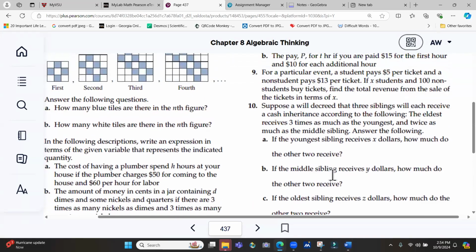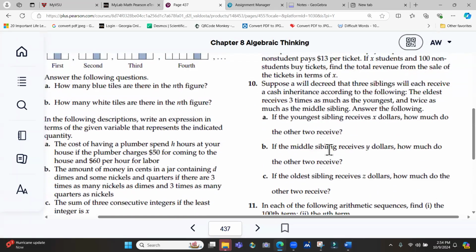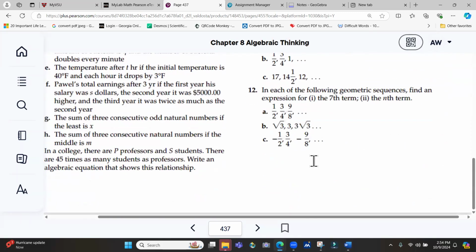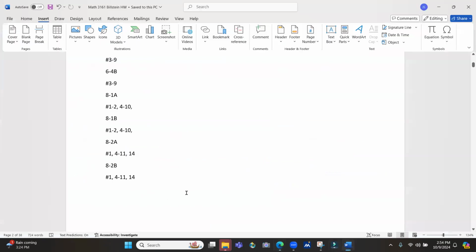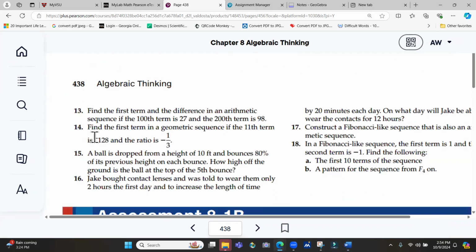These are slightly messier, I think. What did I assign you? I assigned 4 through 11 and 14. The 13 is a little messy, that's okay, I'm not trying to scare you.